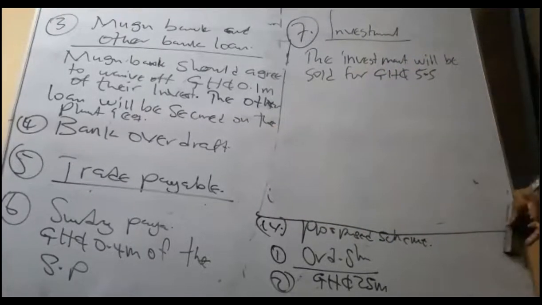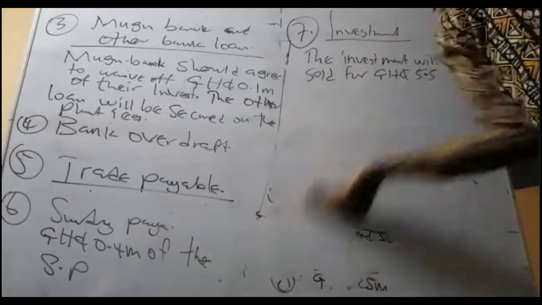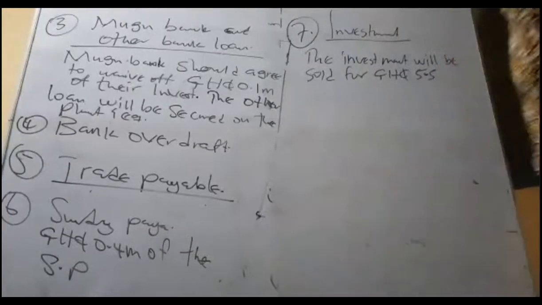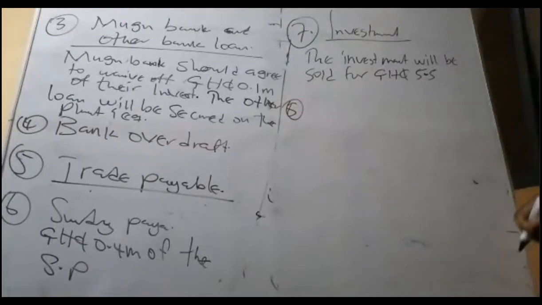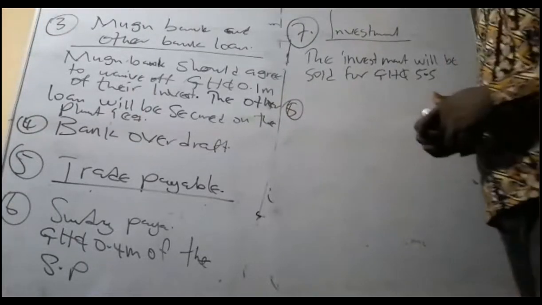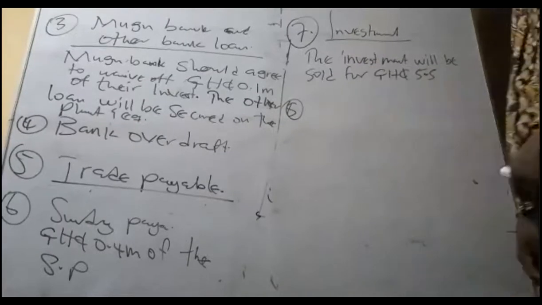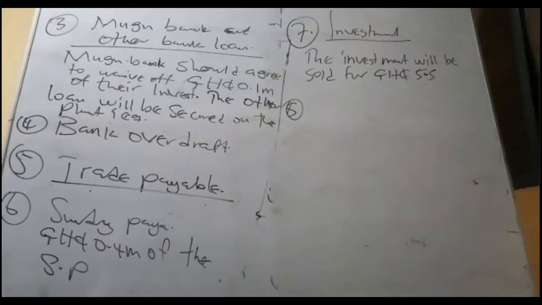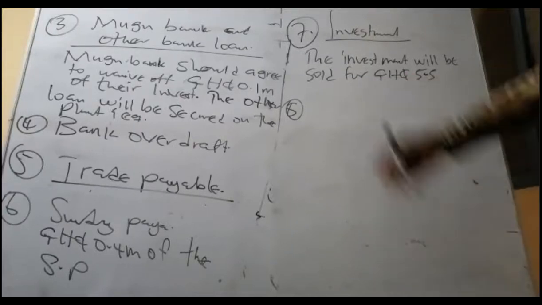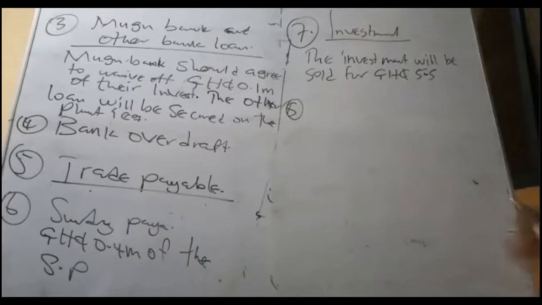So we are still going. We are still writing the scheme though. So number 8. Tell us the asset value. Tell us what you're writing them off, then you are done.